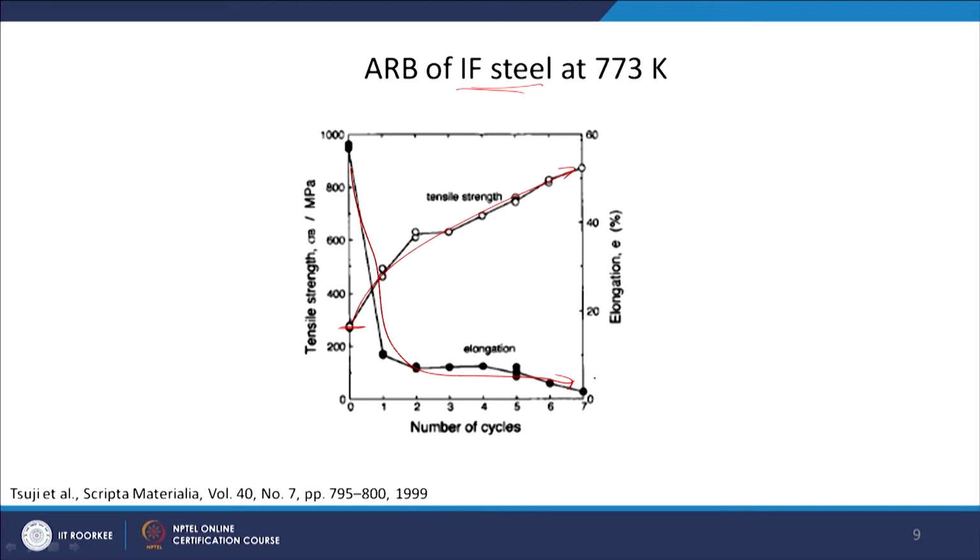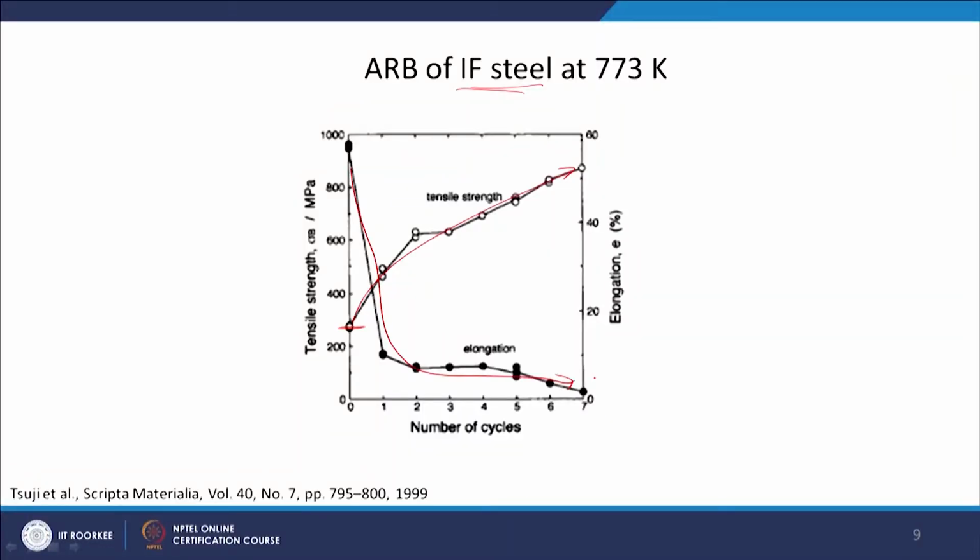This is the usual story getting repeated in all SPD processes: grain refinement achieves very high strength in the material, but the ductility drops sharply with the introduction of strain.